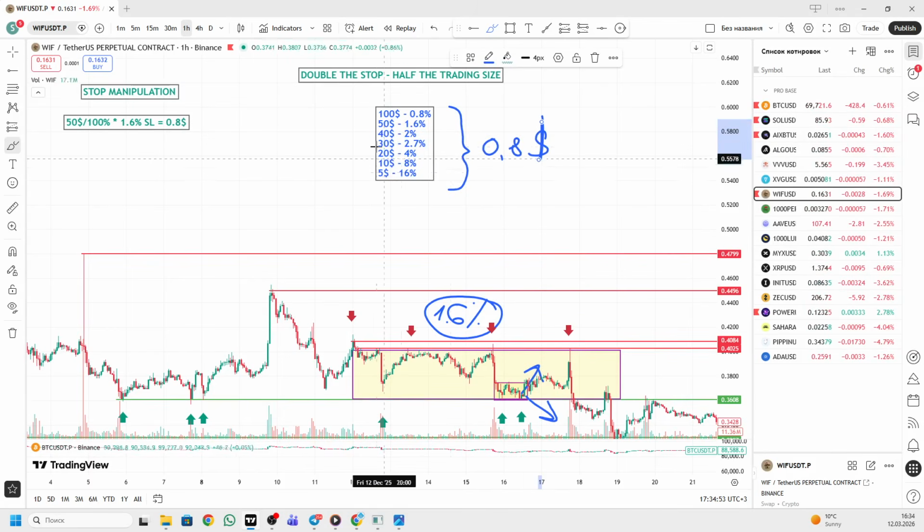Okay, so this is very important. Just remember this and try to stick to it. Don't move your stop loss. If you want to put a wide stop loss, just decrease your trading size.